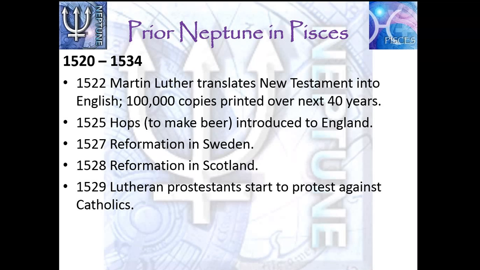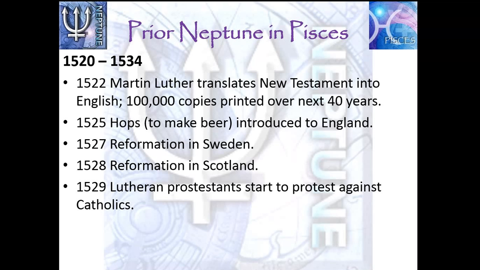You can see the Reformation caught hold in Sweden and Scotland. You can see where the Lutherans in Germany really started to protest against the Catholics toward the end of this Neptune in Pisces. And so, this makes sense.